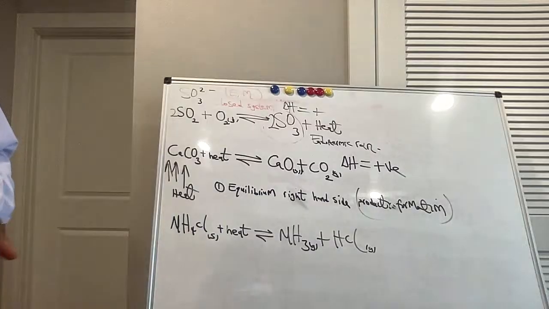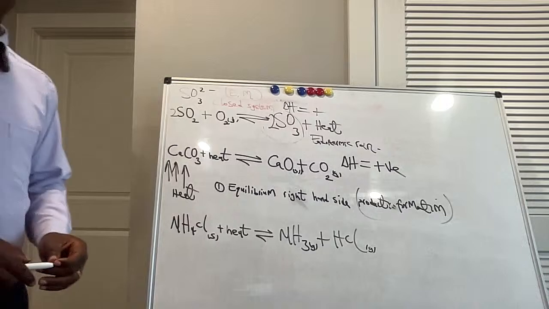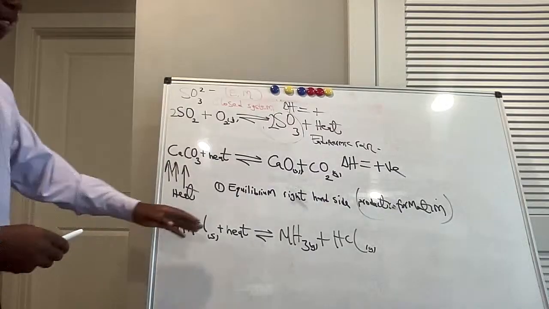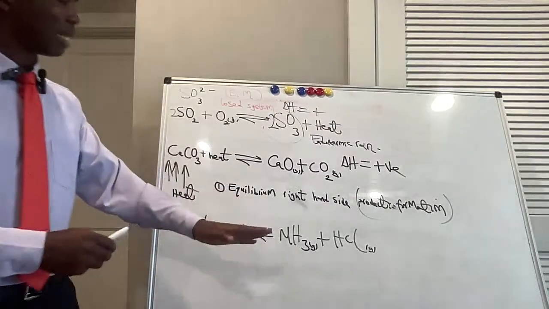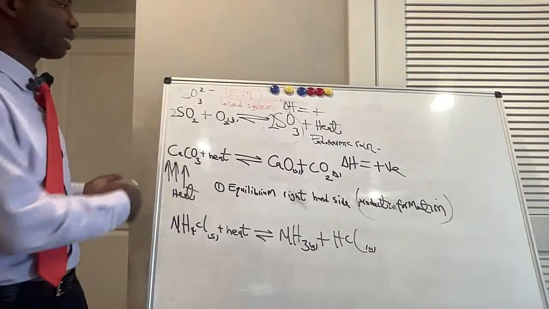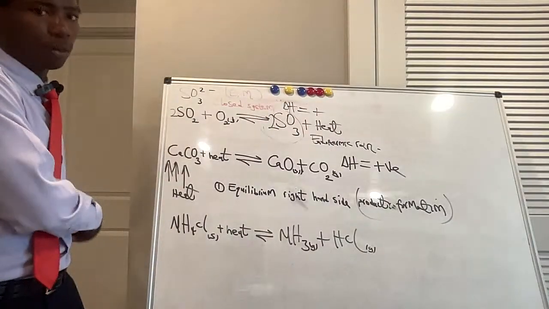If you increase the temperature in an exothermic reaction, equilibrium shifts to the left hand side, thereby favoring the production of reactants.